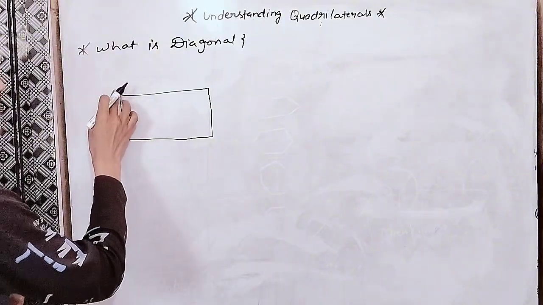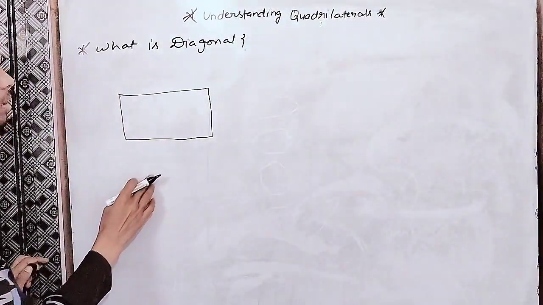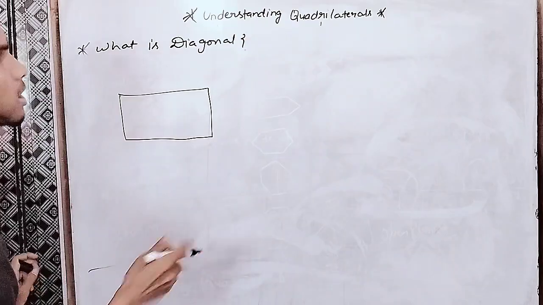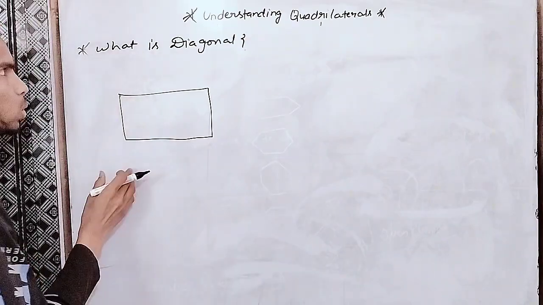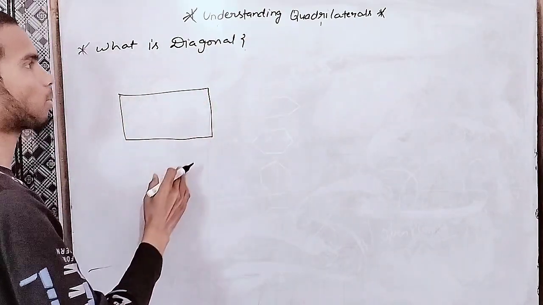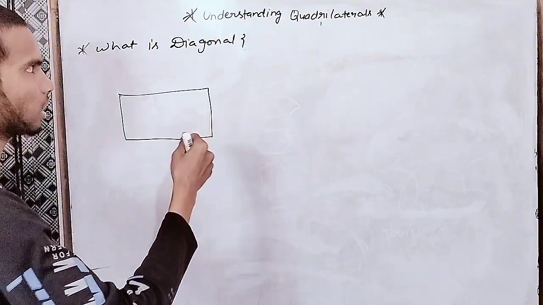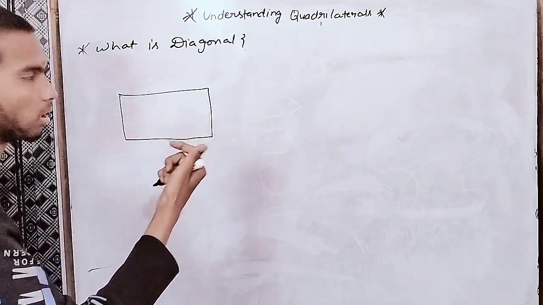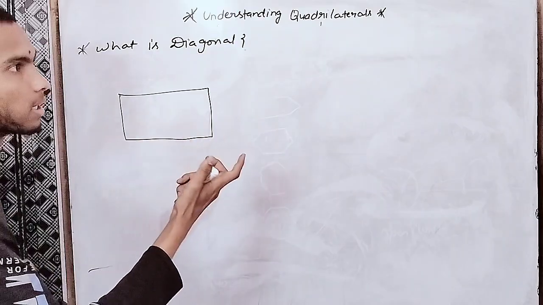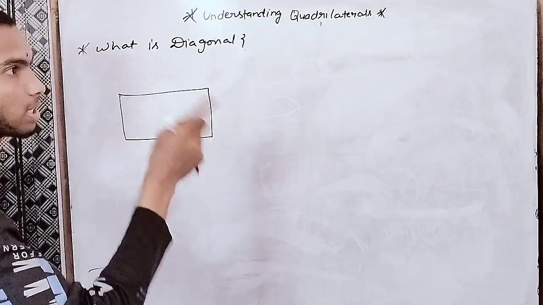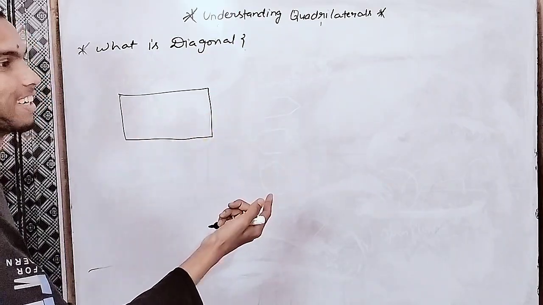This is a quadrilateral. What is the meaning of a diagonal? As I told you, it is also a part of a polygon. But in the diagram of a triangle, we will not realize a diagonal. But we can create one, and in some cases you will see a diagonal in a triangle.